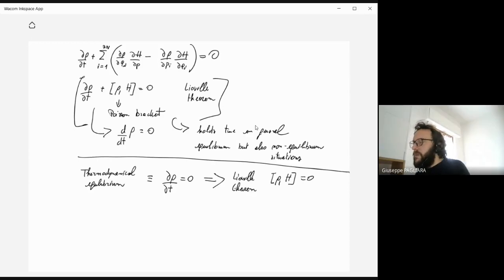Well, there are different possibilities. We will analyze 3 different possibilities corresponding to 3 different choices of rho, and therefore 3 different kinds of ensemble.